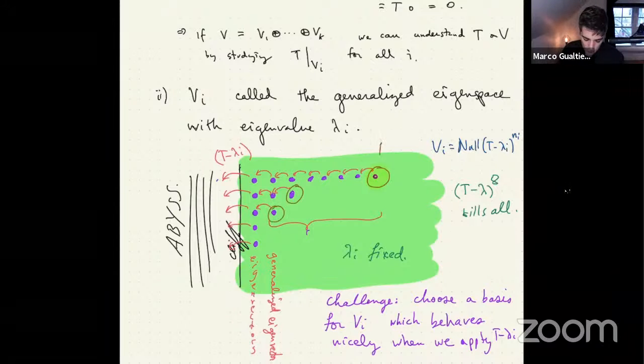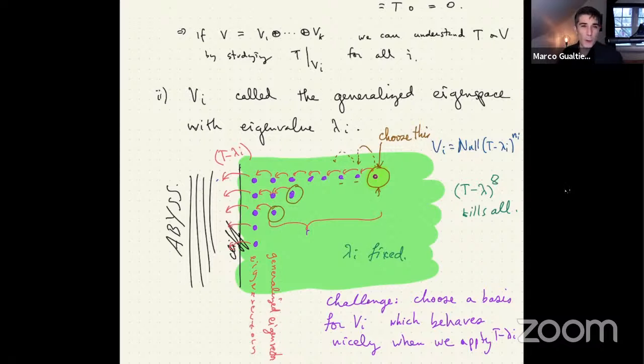Because if I make this choice, then by applying T minus lambda I, it will produce for me another vector. And if I apply it again, it will produce for me this vector. So I only need to make this choice once, and it will generate all of these vectors just by applying T minus lambda to that choice, right? If I chose it at this stage, then I would have to make this choice, and then I would need to make another choice and another choice and so on, right?